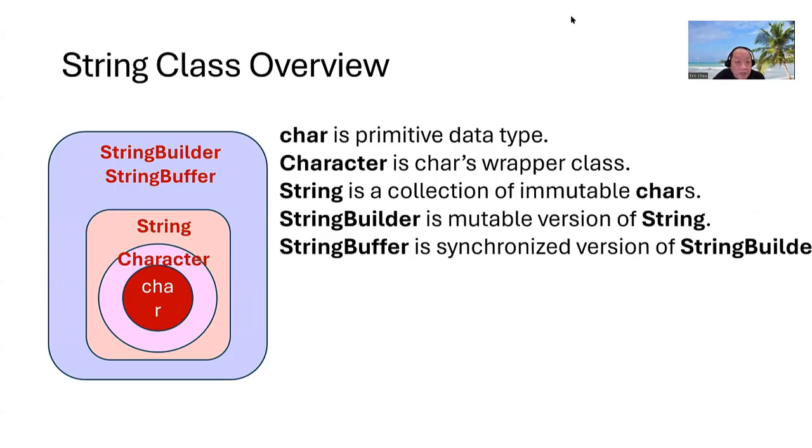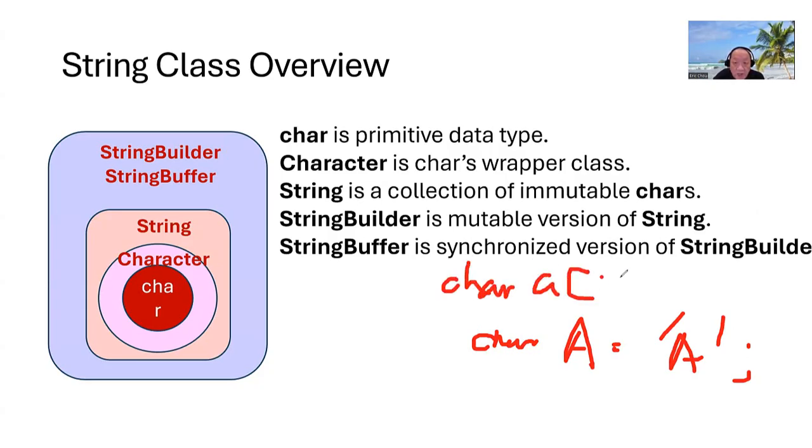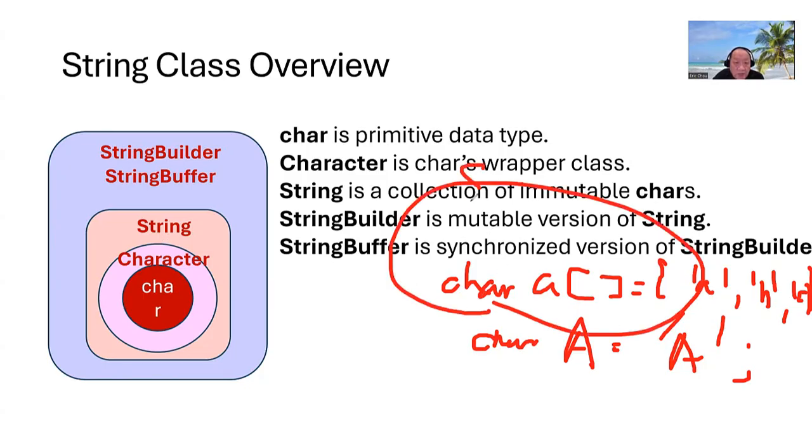Okay, so as you can see, you have a single character. Then you can create a character array, A equals A, B, C, that has three characters in there. Then you can wrap up this array of characters by a bigger object, string.